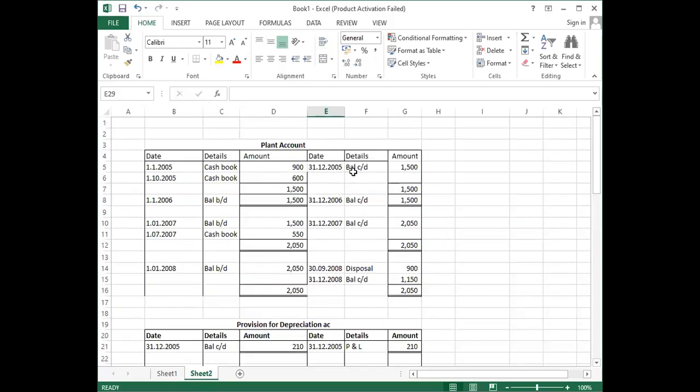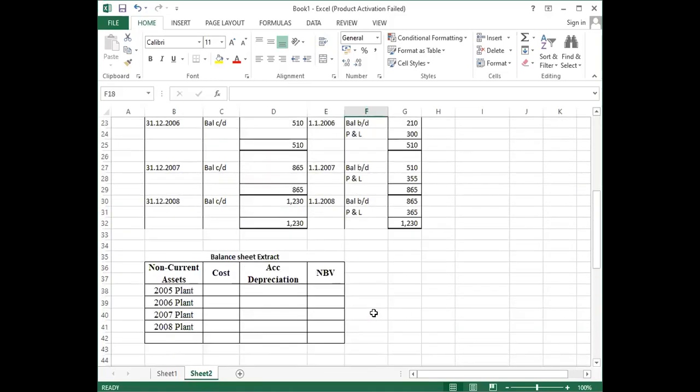Just look at the plant account. You should be able to know the balance carried down. These things don't require reasoning. You just look at it and populate it.